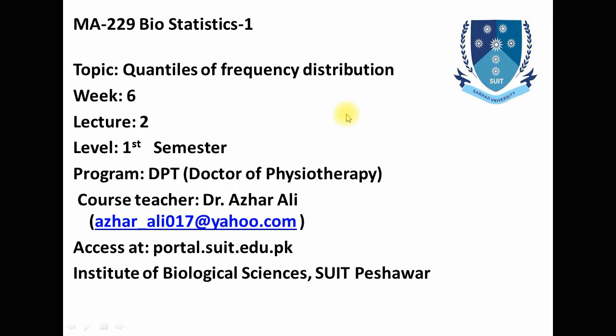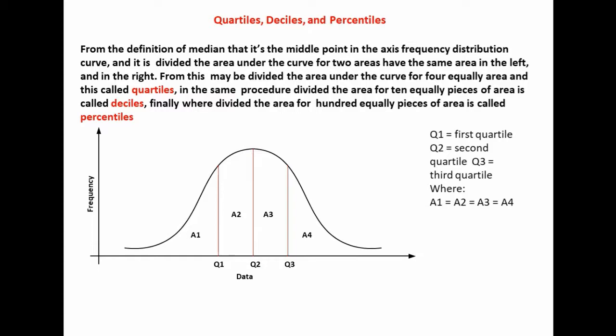Now, the graphical representation of these partition values: quartiles, deciles, and percentiles. From the definition of the median, that is the middle point on the axis of the frequency distribution curve, it divides the area under the curve into two equal areas, on the left and on the right.